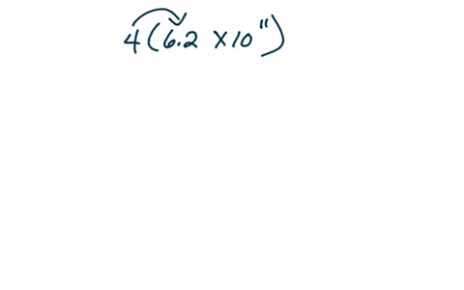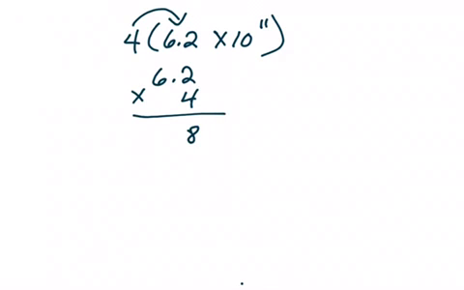Suppose we have this problem right here. We have 4 times 6.2 times 10 to the 11th. Well, the first thing we have to do is multiply this. So if I multiply 6.2 times 4, I'll get 2 times 4 is 8.